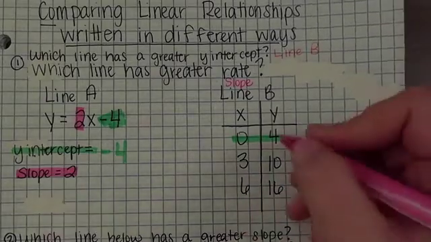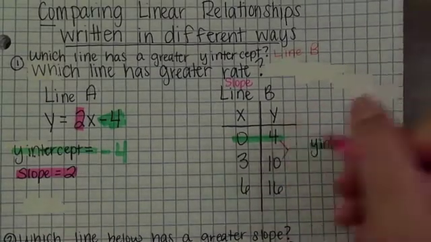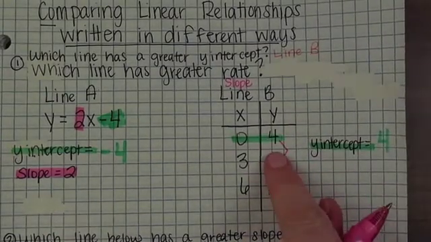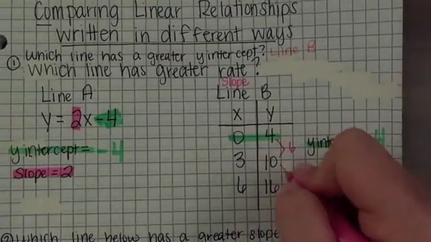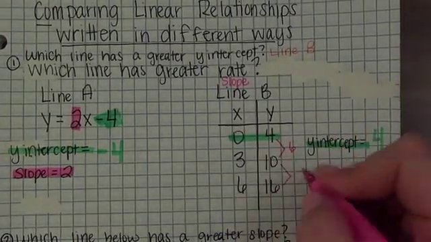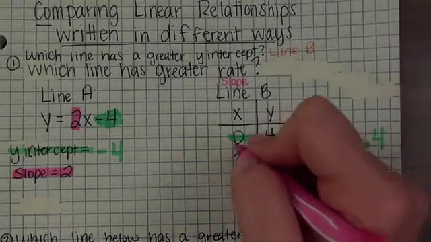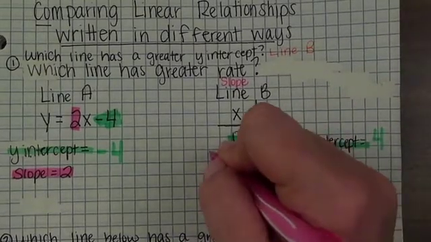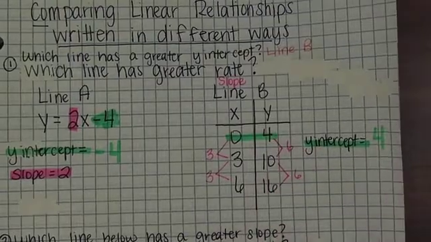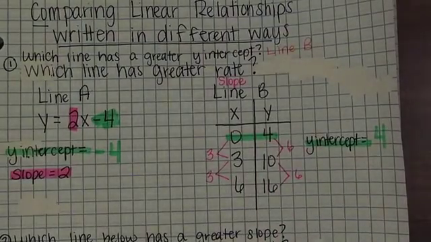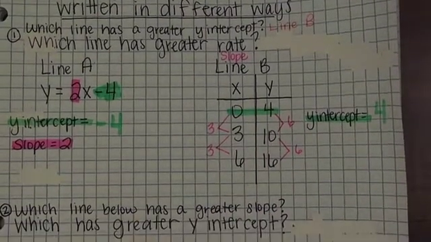So I'm going to get my pink pen. From 4 to 10 is 6, or if you do 10 minus 4, you get 6. 10 to 16, 16 minus 10 is also 6. 0 to 3 is 3. 3 to 6 is 3. Remember, if you don't remember how to find that without just looking at it, watch that video where I show you.